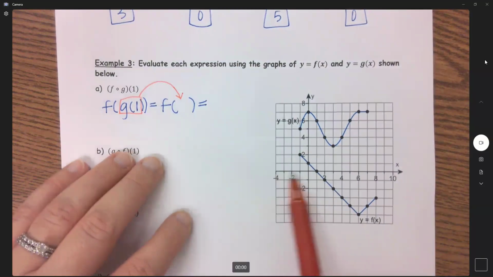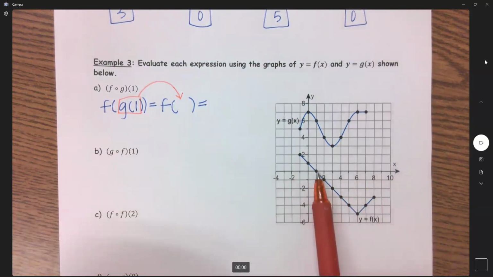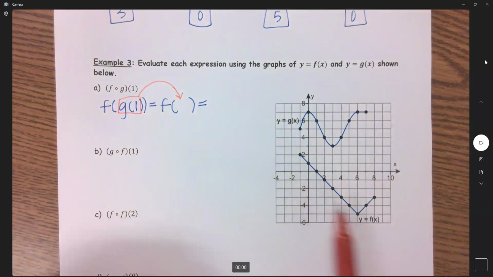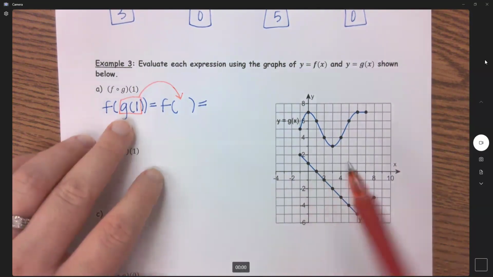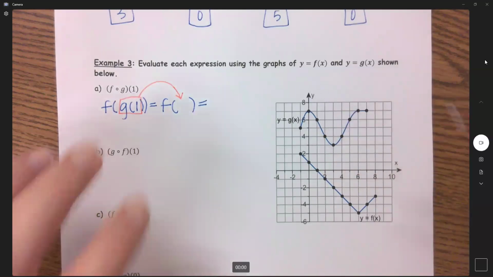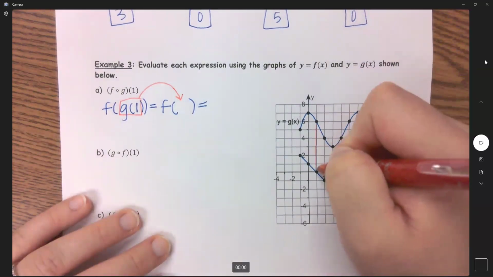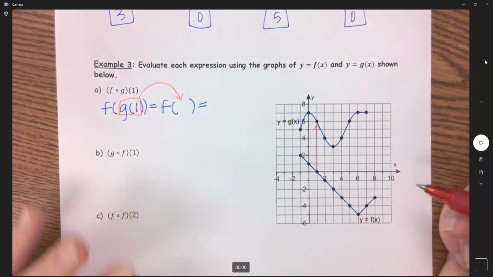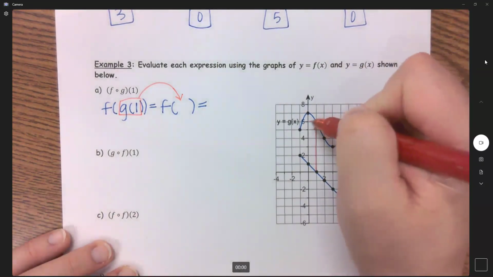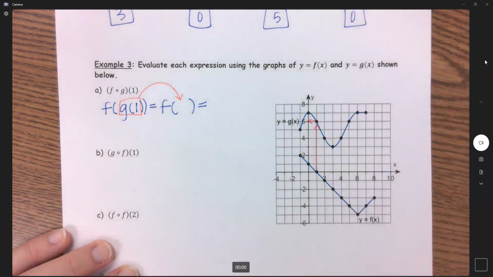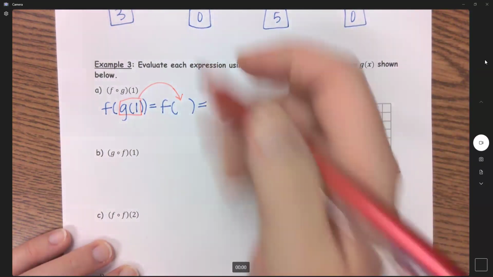So I'm going to go along my x to 1. If I wanted f of 1, I'm already on it. But I want g of 1. So I need to go up to meet this graph. Here's my point on my g of x function. What is that y value? When x is 1, that is 6.